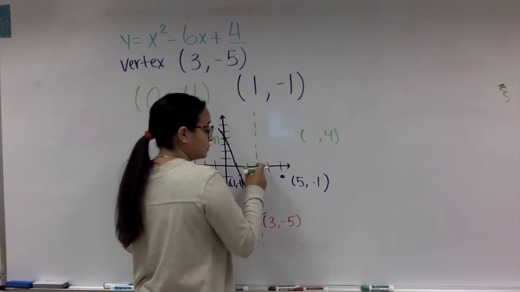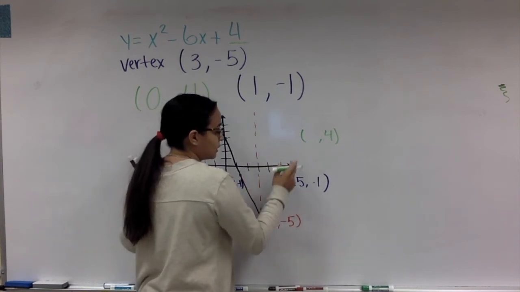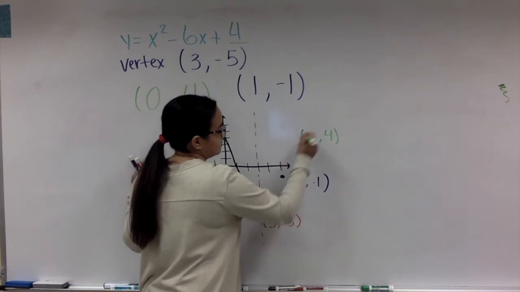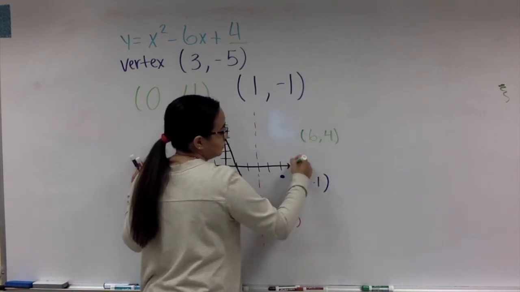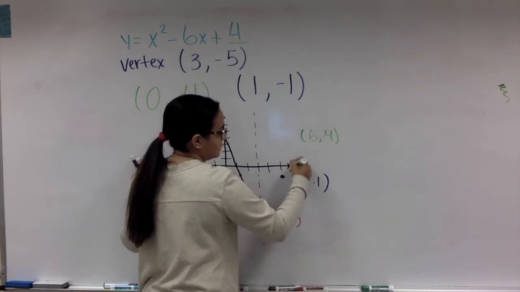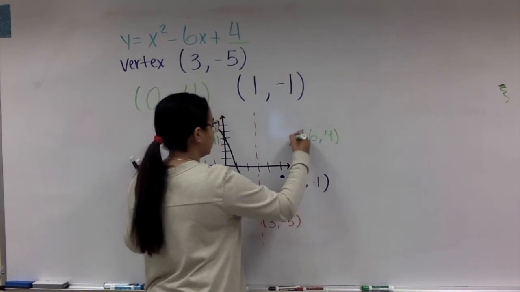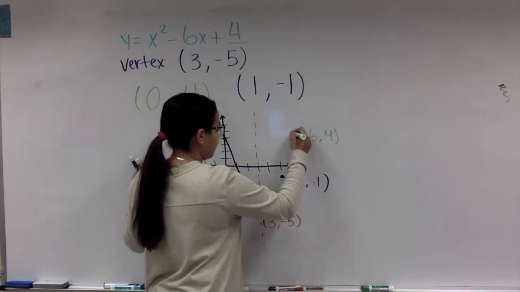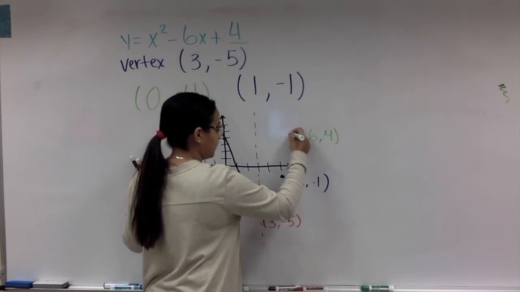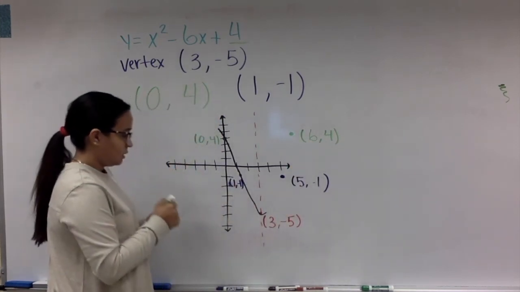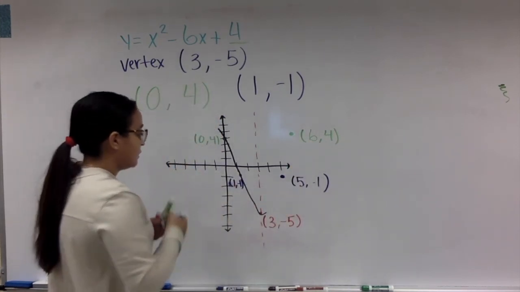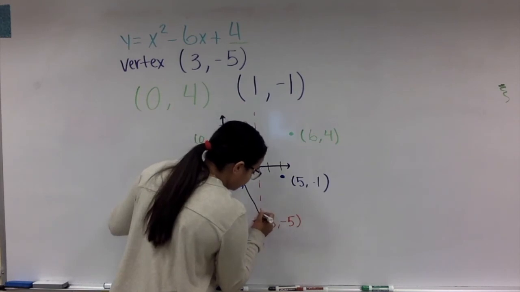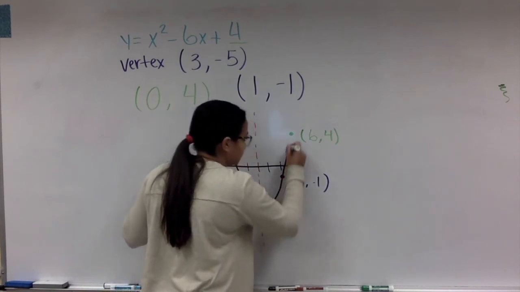So 1, 2, 3. That leaves me at 6. So let's go over 6 and up 4. That will leave my point right about here. Making our parabola look like this.